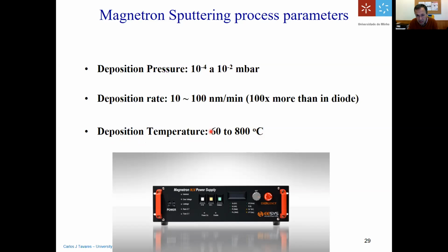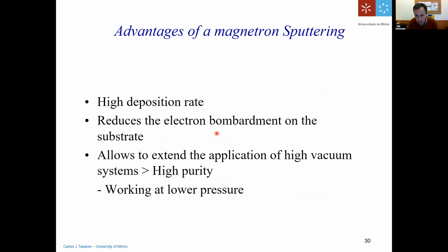This 60 is relative, because when I'm making titanium dioxide, if I'm using 500 watts on my cathode, I can easily reach 150 degrees on the samples without any external heating. This is only due to the transfer of energy from the impinging argon ions to your target material, which increases the temperature substantially. And you have to take that into account.